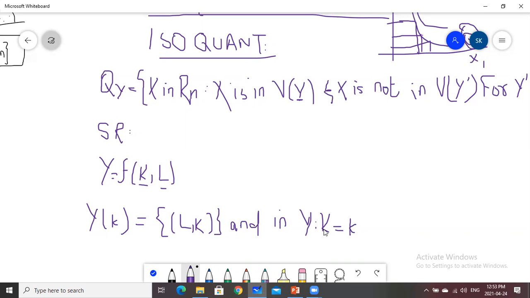This is an example of a short-run production possibility set. In the above production function, more capital than labor is used. Because of this, y given k is equal to small k shows that there is more capital used in the production function than labor.